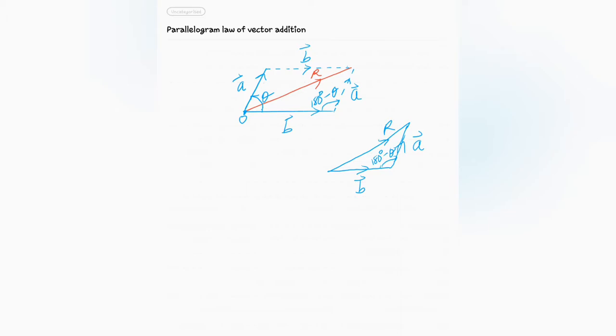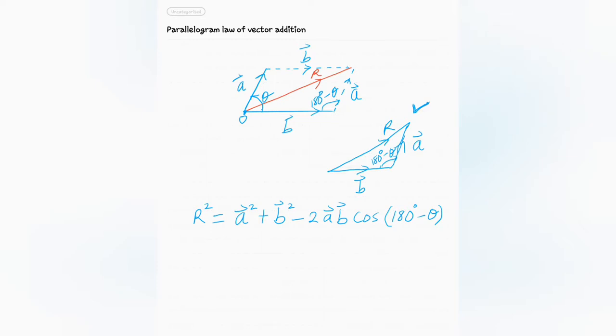If I apply the cosine rule to this triangle, I'm going to be writing R squared is equal to A squared plus B squared minus 2 times the product of A and B multiplied by the cosine of 180 degrees minus theta. This is the cosine rule when applied to this triangle. It's a rule you must have done in mathematics, and if you are yet to do it, I'm sure you are going to do it very soon.